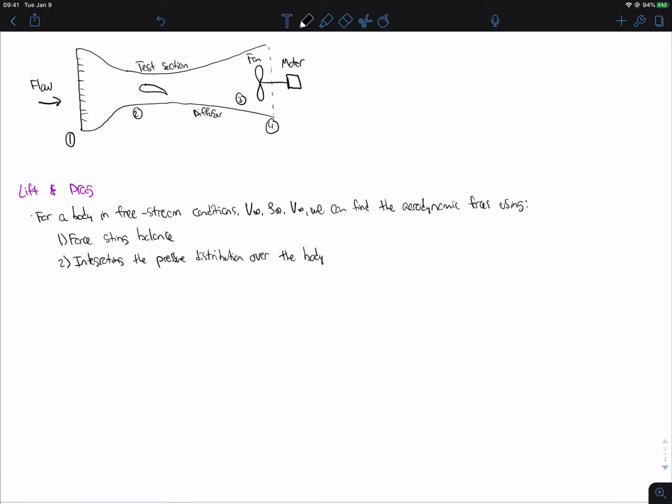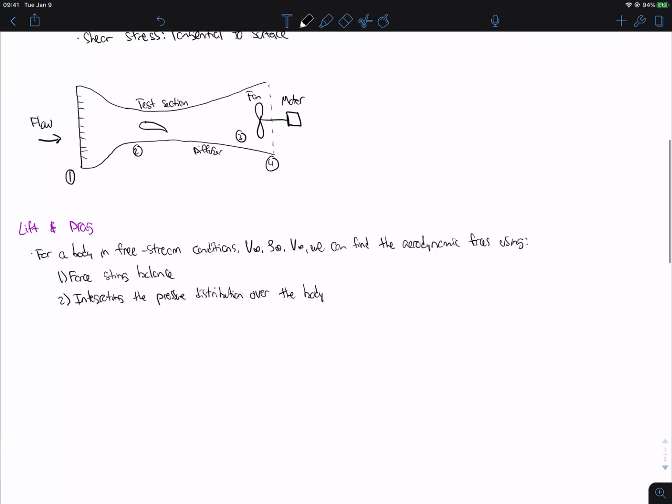Okay, so once we actually go to our lab, what you'll see is we'll go into the wind tunnel, and in there we're going to have a device that basically is going to give us the drag and the lift values that we have. We're going to basically see the force that it's applying on the object. So then we'll get the lift and the drag according to which direction that force is coming from.